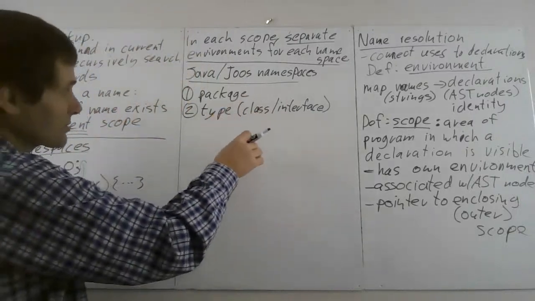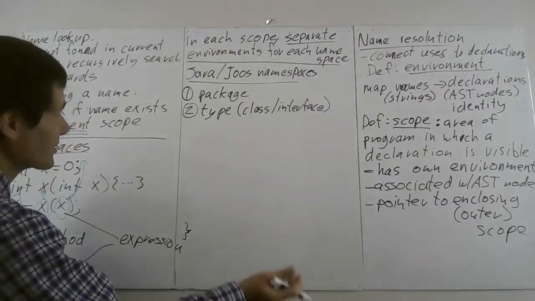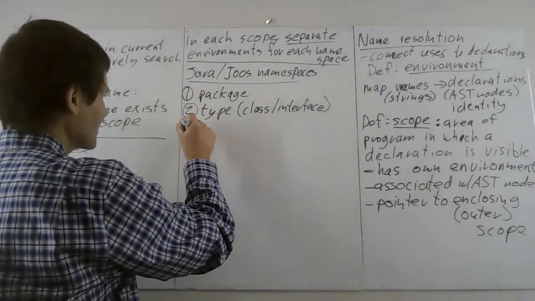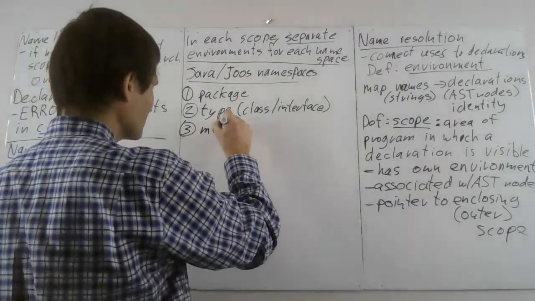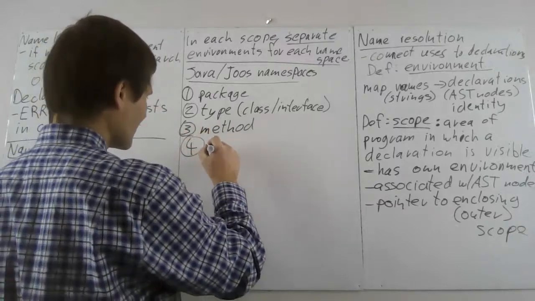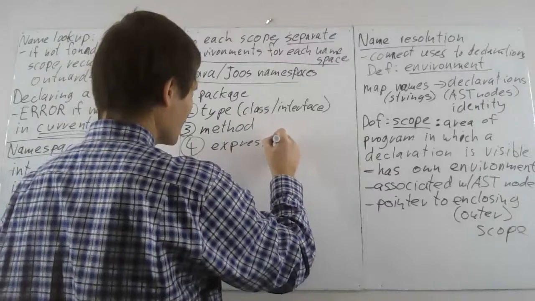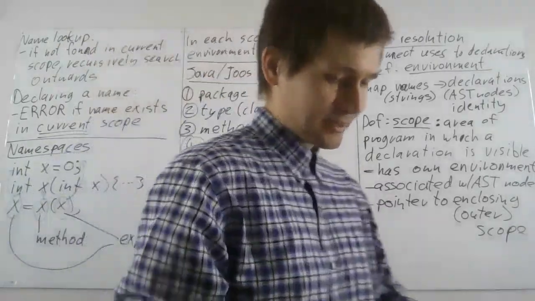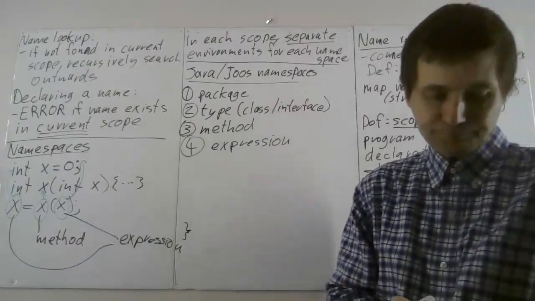So there's some places where you're looking for the name of a class or an interface, and that's a separate namespace from packages. And then there is a namespace for methods that we've seen already. And then there's a namespace for expressions. And expressions just means variables and fields and stuff.